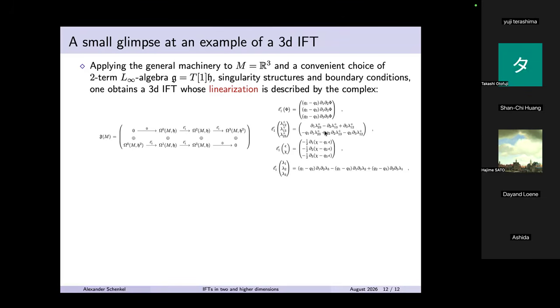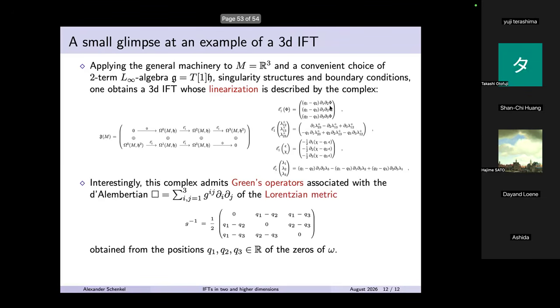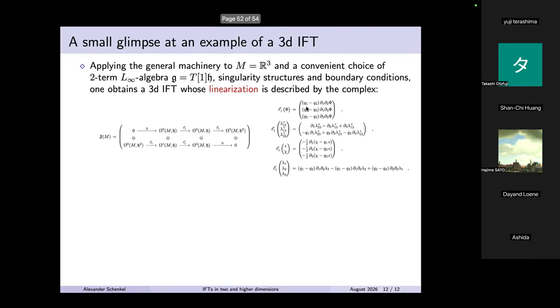Here are the explicit formulas. You also see that the feature that second-order differential operators pop up is here again. So in these differentials, you see that they are second-order, del 1, del 2, along the coordinates pop up. Here, these Q1, Q2, Q3 are the locations of the zeros of omega.